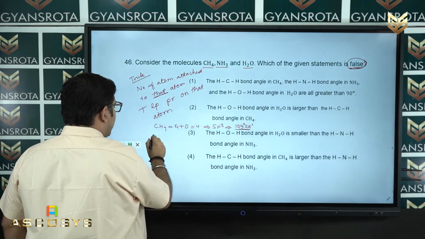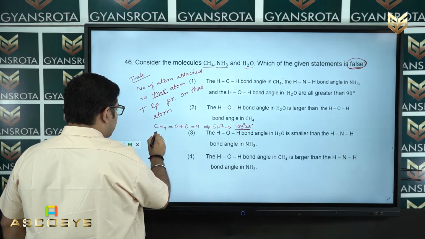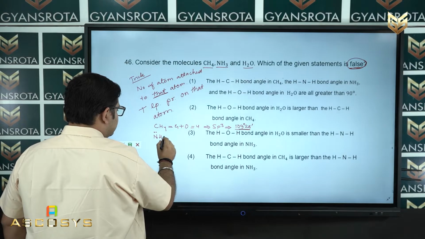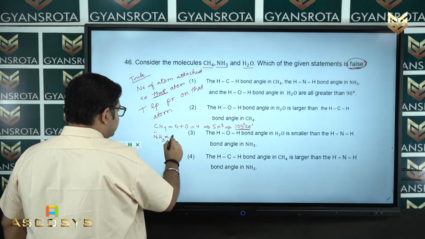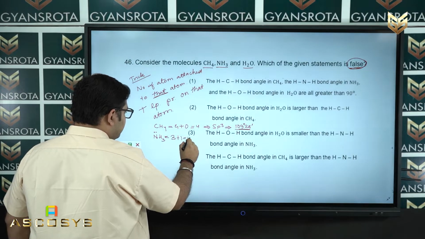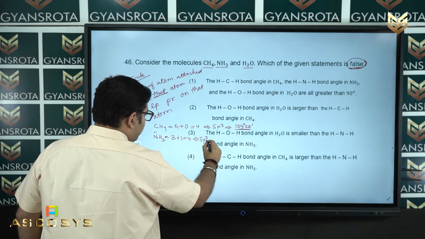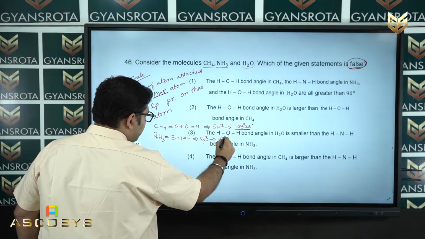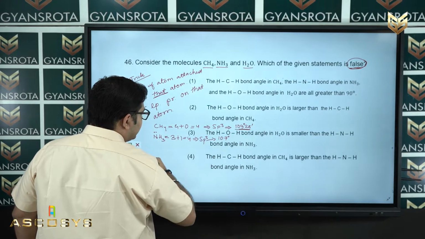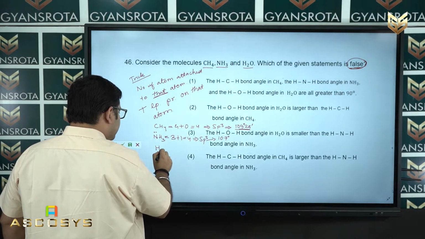Now, let us count for ammonia, NH3. How many lone pairs are there? 1 lone pair. So what is the formula? How many atoms are there? 3, and how many lone pairs? 1. So it is also 4 and also sp3, but the bond angle comes as 107 degree. I will tell you why. Now, first let us count the water hybridization.